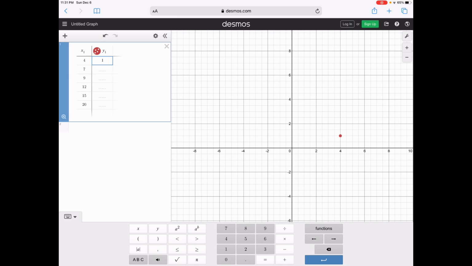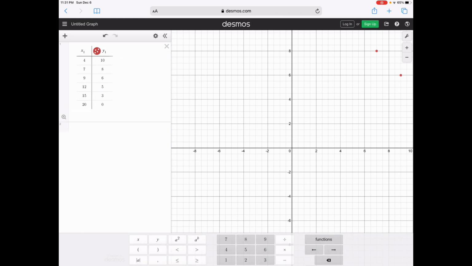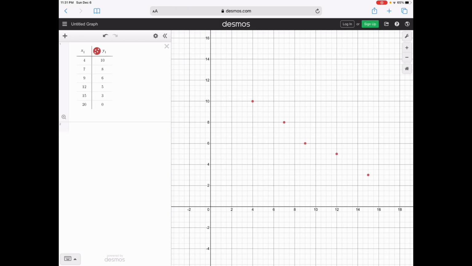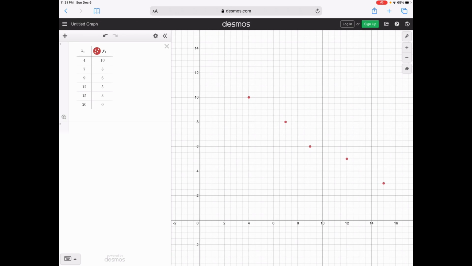And there was a 10, a 8, a 6, a 5, a 3, and a 0. So now that I have my data plugged in to the calculator, you can see at the top right of the graph, those points have been plotted for you. You just may have to adjust your screen a little bit to be able to view those points.